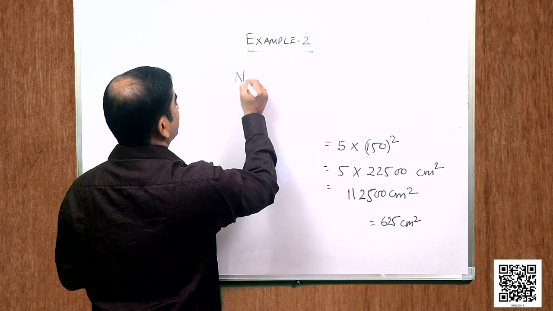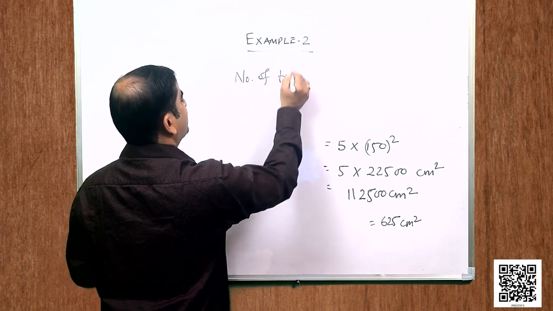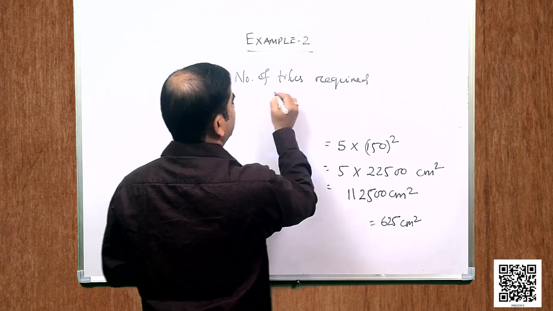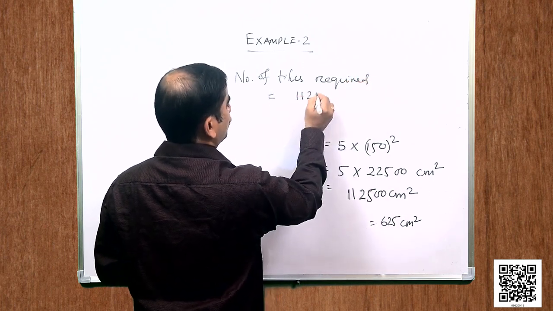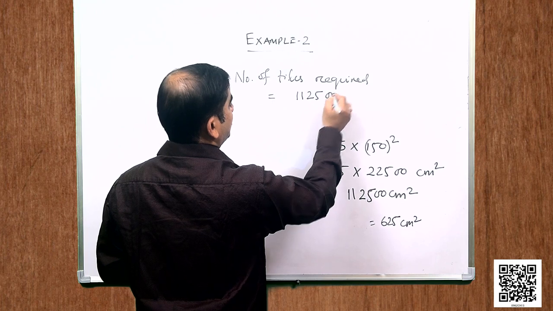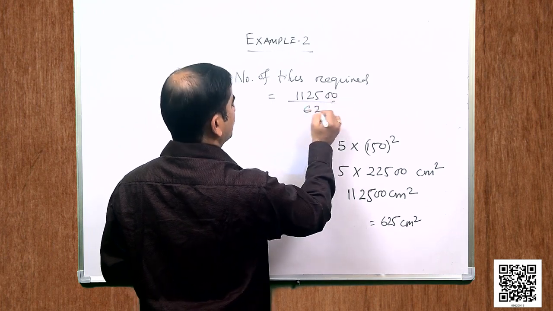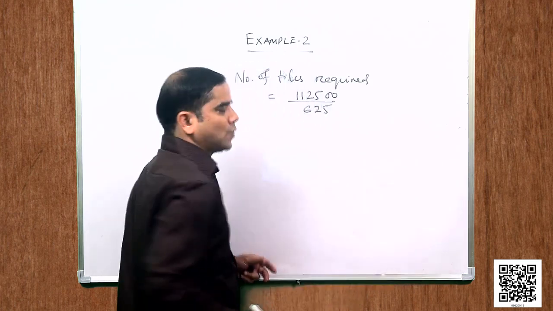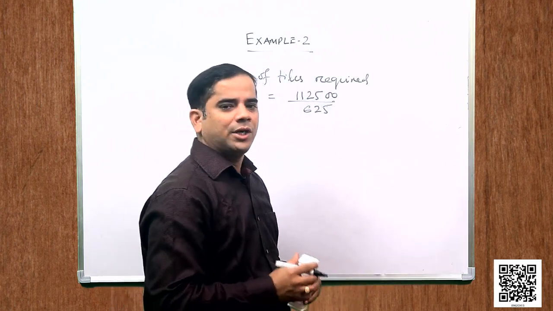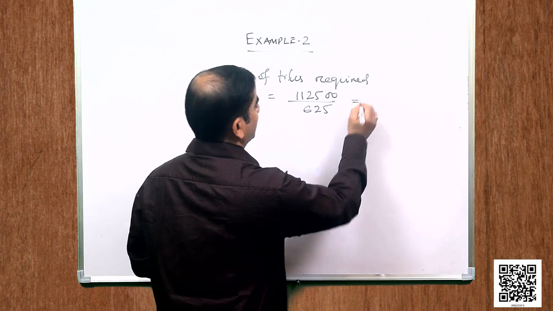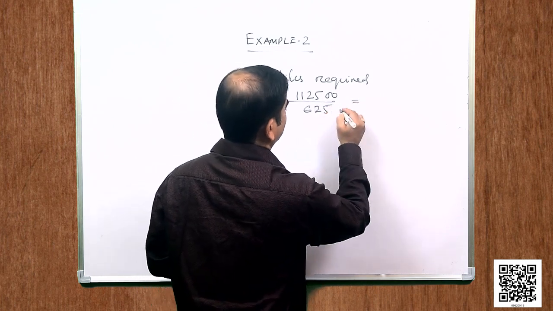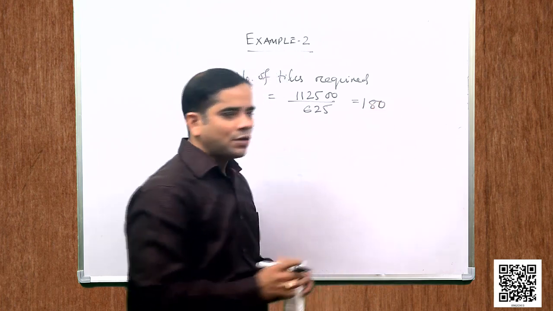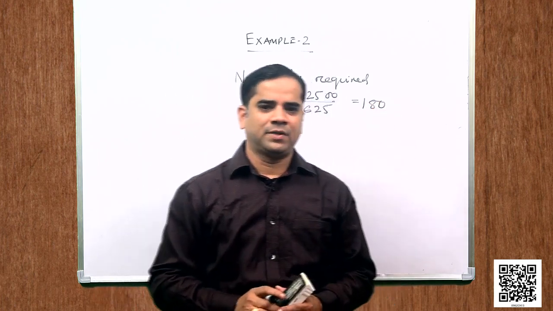So, number of tiles required is equal to 112500 divided by 625, that gives us 180.